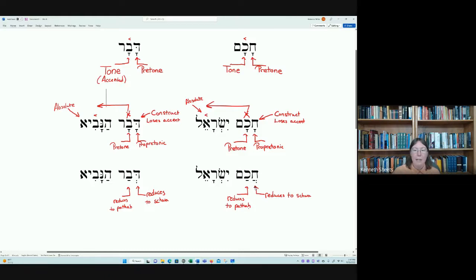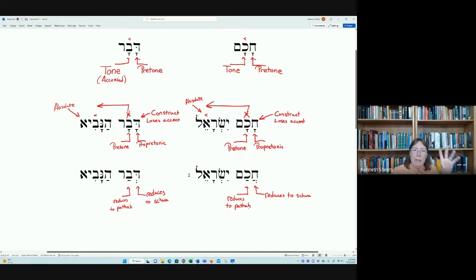And it is A class due to the fact that we had an A class vowel there originally. And then underneath the kaf, the kamates that was there reduces to the pathach, just because the accent has moved and it's in construct. So thus we have hakam Yisrael in this instance.